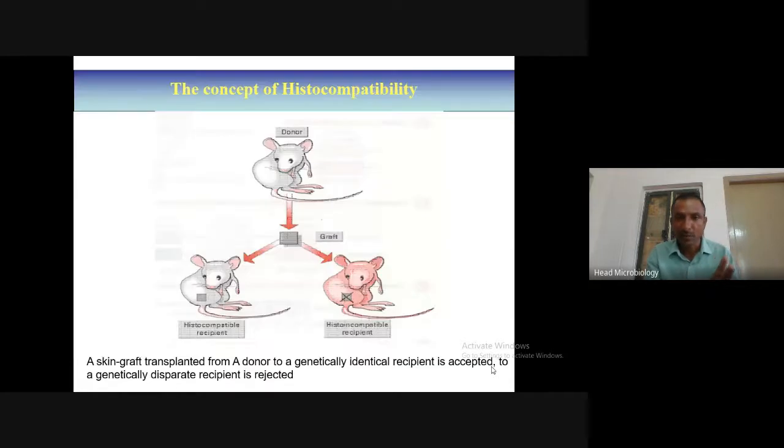For example, here we show a diagram of the total concept of histocompatibility.